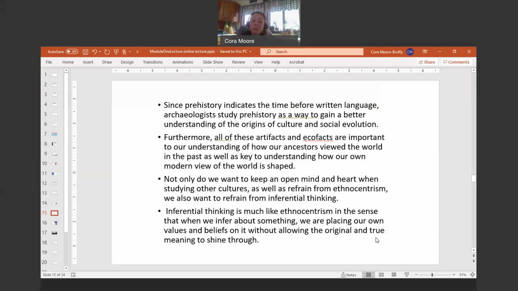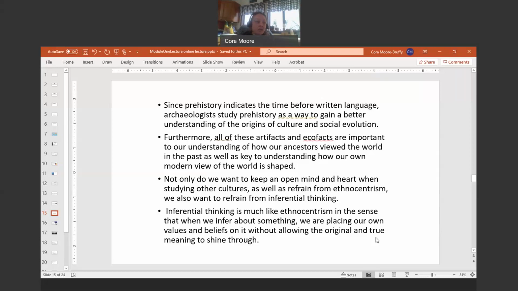We want to be more experiential with our research and our thinking, as opposed to inferential. Inferential is just what it means. It means you're inferring, you have a vague idea about something, and so you take that as a fact, and then that's a fact, so now it's a truth. And it's very fallacious thinking.